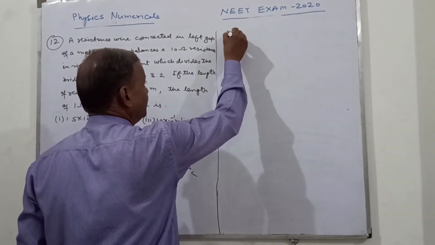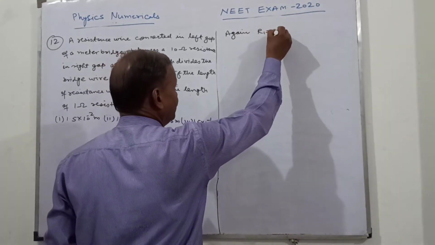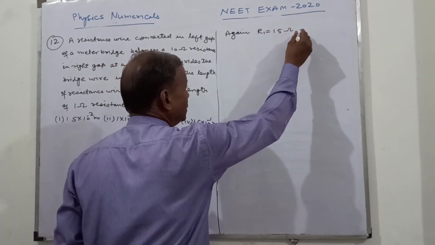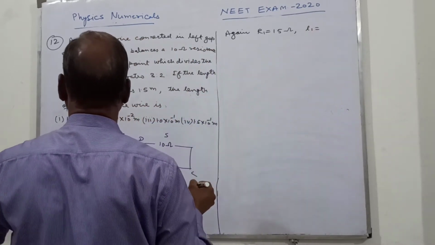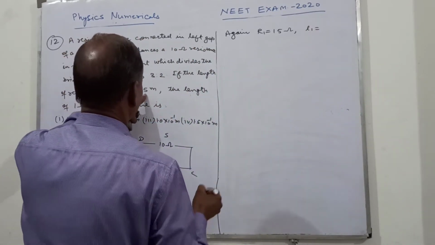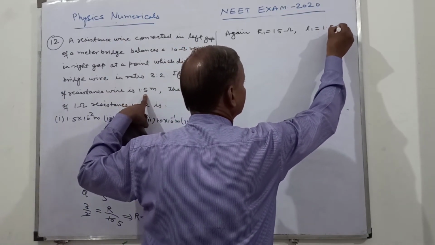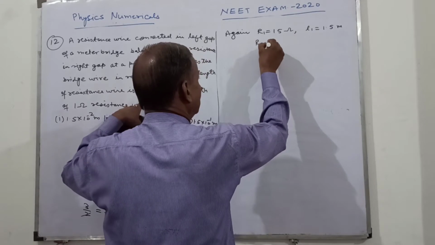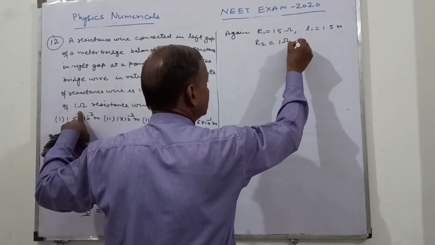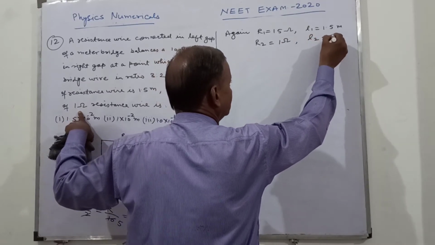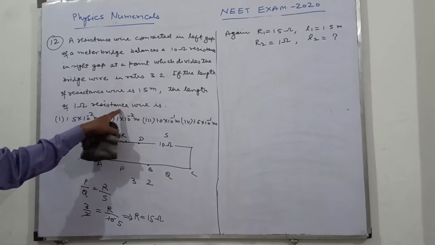Again, now R1 equal to 15 ohm, L1 equal to 1.5, and now R2 equal to 1 ohm, then L2, this you have to find.